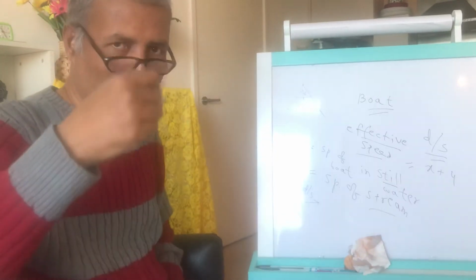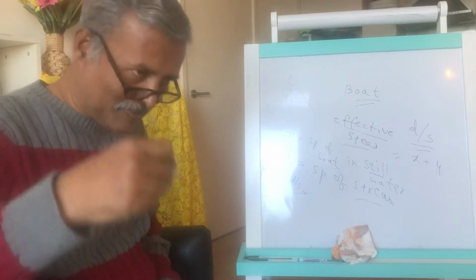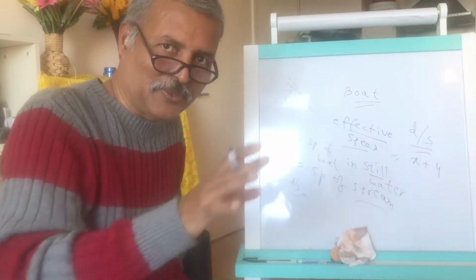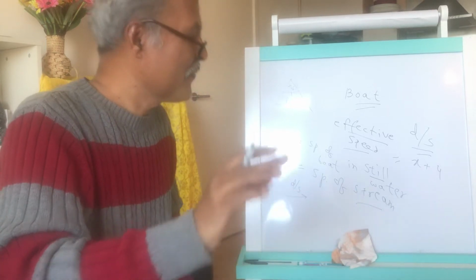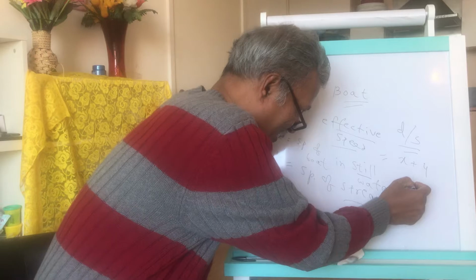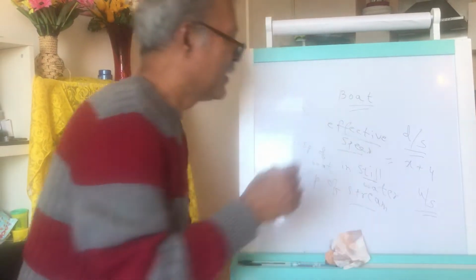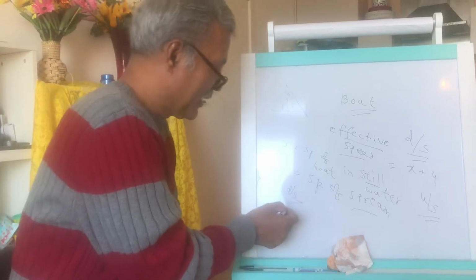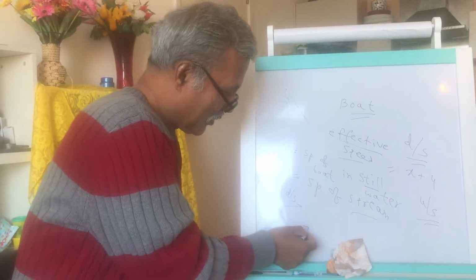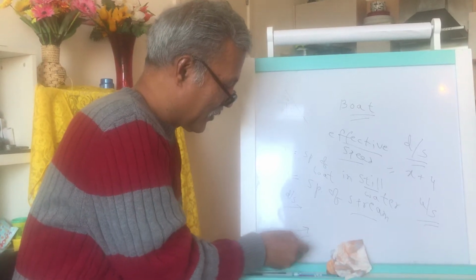So it's always easy going downstream. It is always difficult to go upstream because the stream is opposing you. Now, the other one will be understood easily if you understood this. Here, if the stream is running in this direction, your boat is going in the opposite direction, so we say upstream.